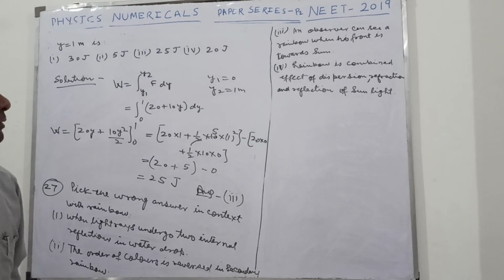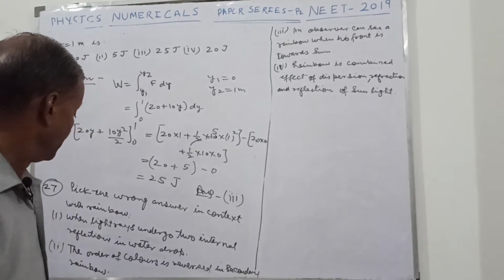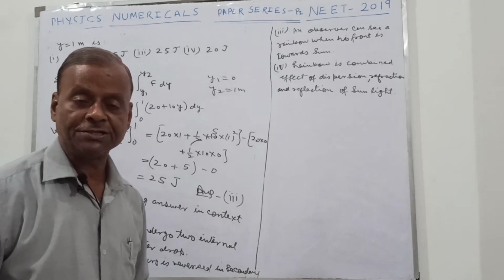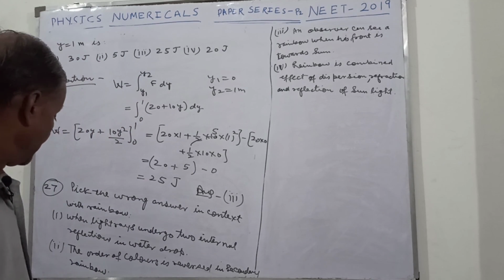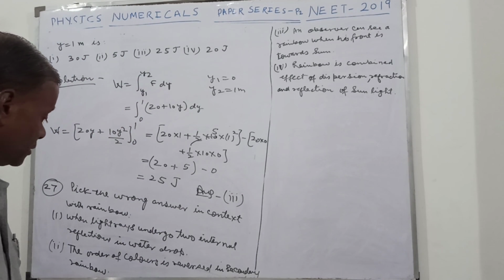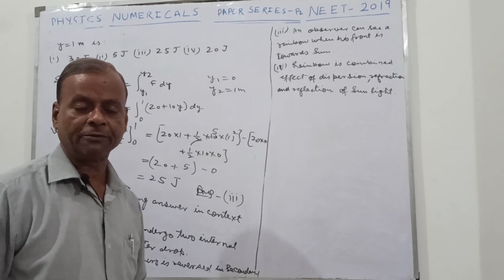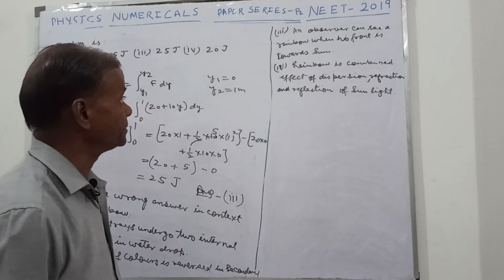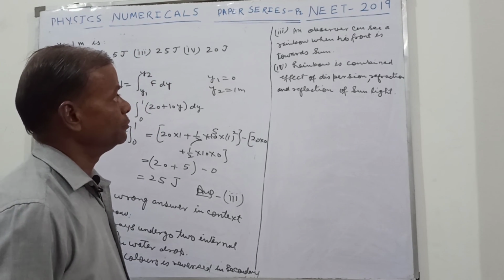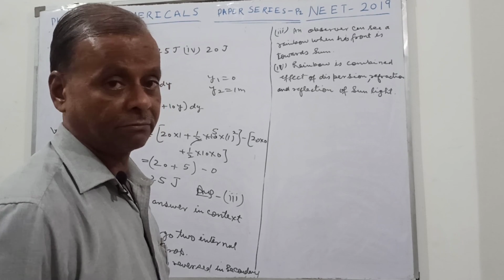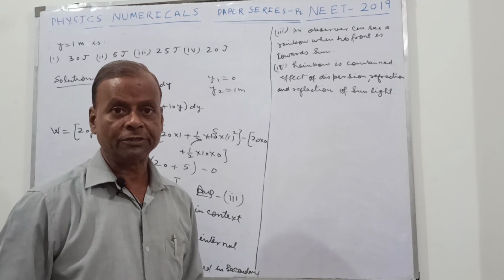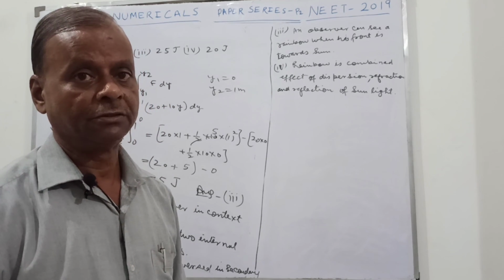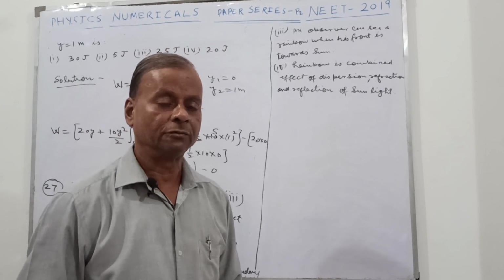Now here all is given about the secondary rainbow, and we know that in secondary rainbow two internal reflections take place inside the drop, and also the order of colors is reversed in secondary rainbow in comparison to primary rainbow. So this is also right. And observer can see the rainbow when his front is towards the sun, and we know that rainbow is always formed in the opposite direction of the sun. So just to see it, our front must be towards the rainbow.